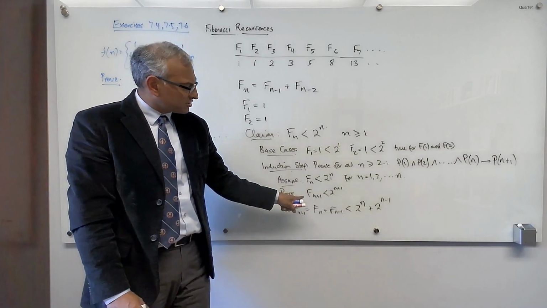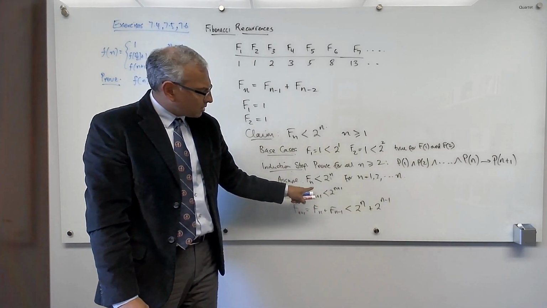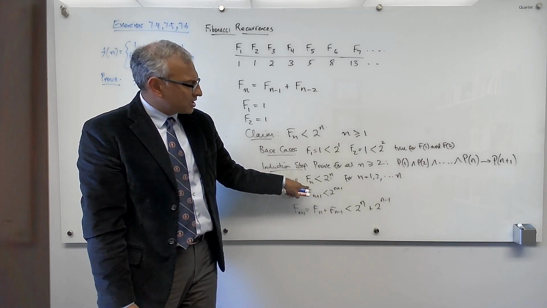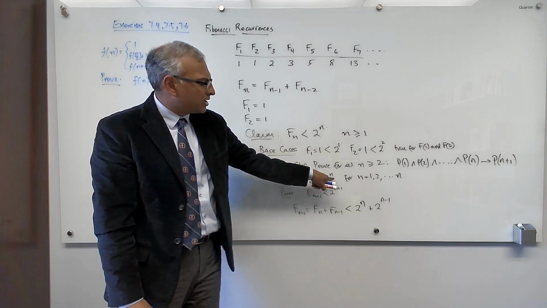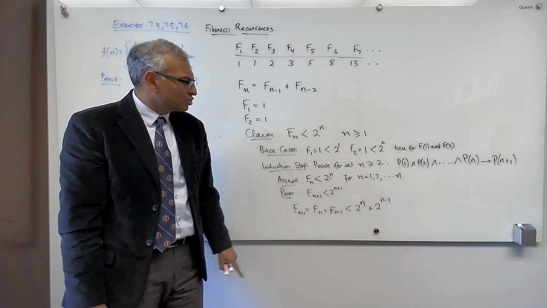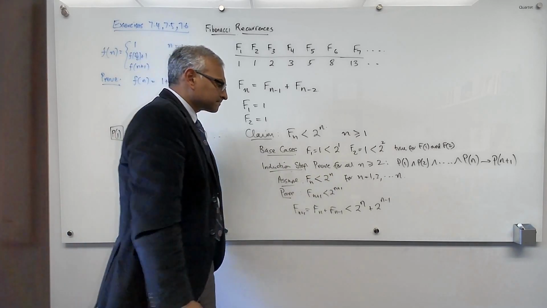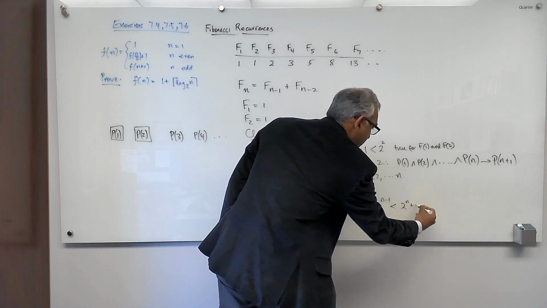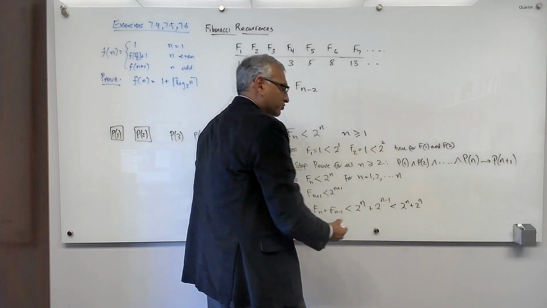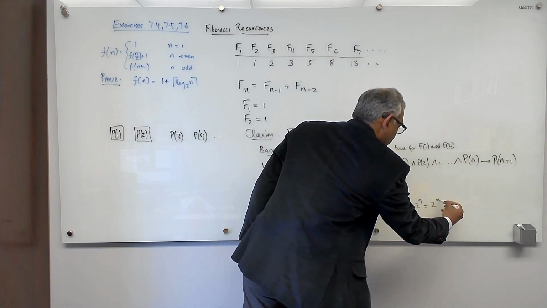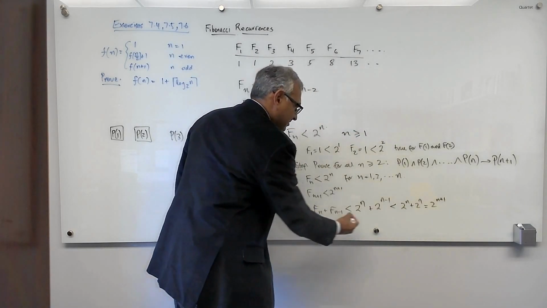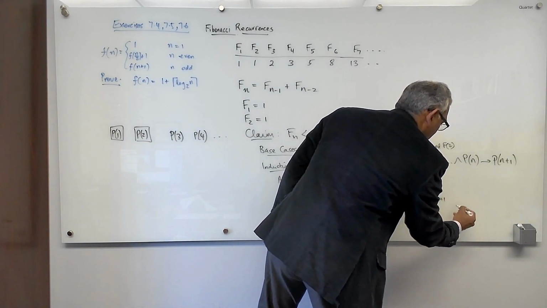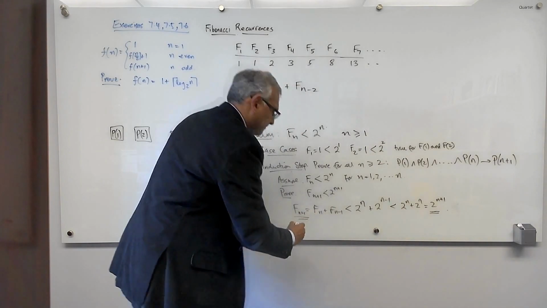The induction hypothesis said all the Fibonacci numbers are less than 2 raised to their corresponding index. That we got to assume. Well, this is less than 2 to the n plus 2 to the n, and 2 to the n plus 2 to the n is equal to 2 to the n+1. So there, I've proved it. End of proof. So by induction, we're done.